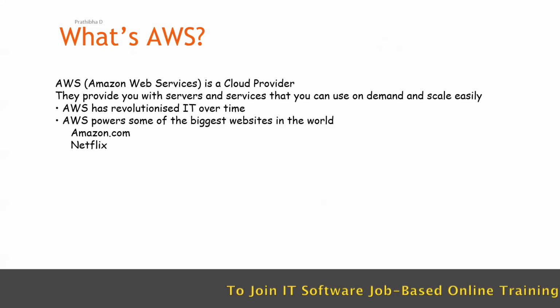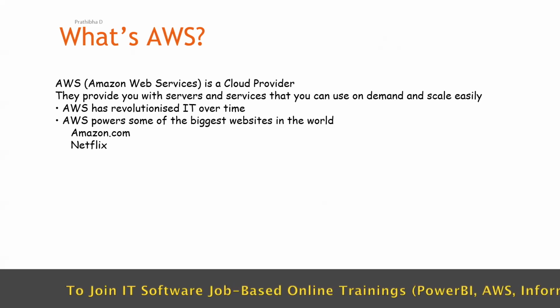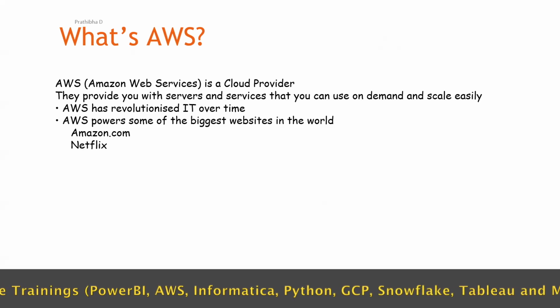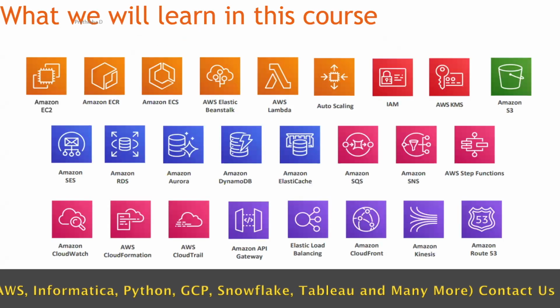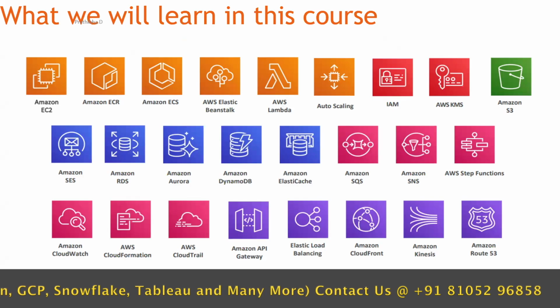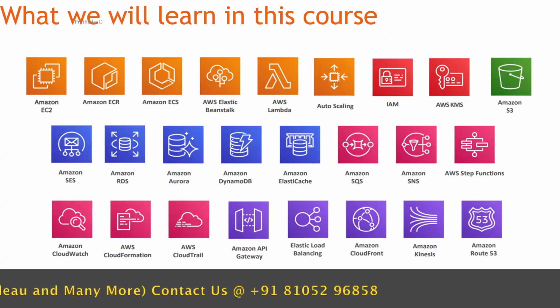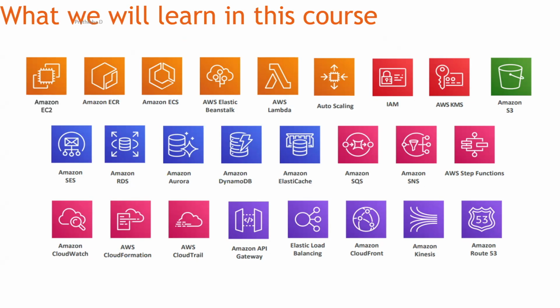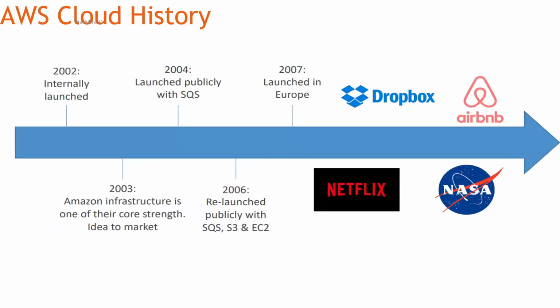Some of the main websites like Amazon.com and Netflix are taken care of by AWS. You'll be learning different types of services, like EC2, Elastic Beanstalk, Lambda, IAM, S3 storage, RDS, CloudWatch. All these services you'll be learning in this.